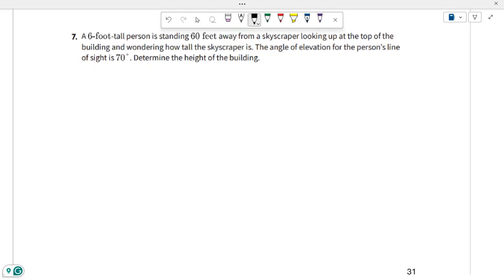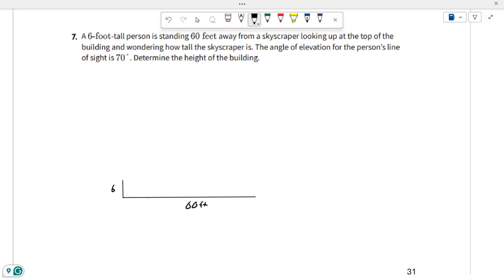So we've got this person, and there they are. That's my person. Again, I'm not an artist. I'm just drawing literally a stick figure without the head and the appendages. That's my person. The person is 6 feet tall. Now, they are standing 60 feet away.